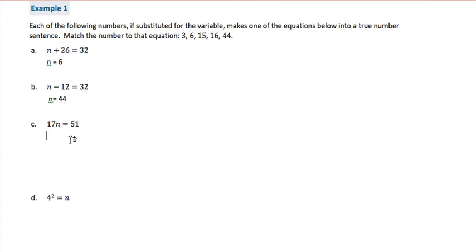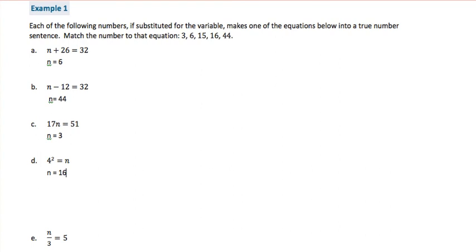Our next problem is 17 times n equals 51. We know it's not 6 and it's not 44. 17 times 16 is a very large number, as is 17 times 15. And we're only going up to 51. So if we multiplied 17 times 3, we would find that we get 51. 4 squared, 4 to the second power, is 4 times 4, which is 16.